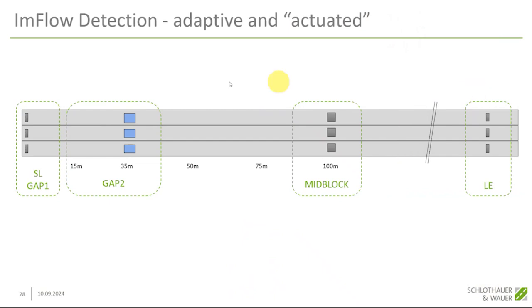So let's see, if we look at this configuration here, you might be in shock having 4 different detectors in this configuration, close to the stop line at 35 meters, at 100 meters, and at the entry of a link, entry detectors.